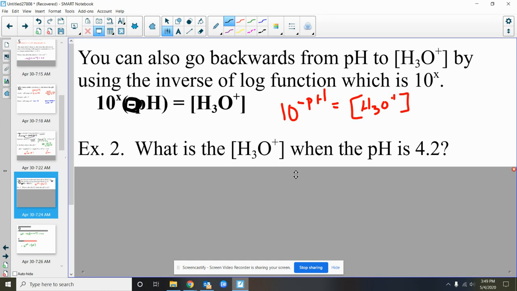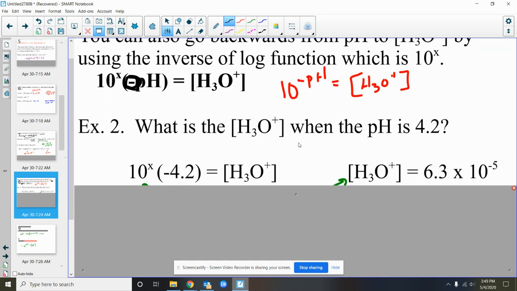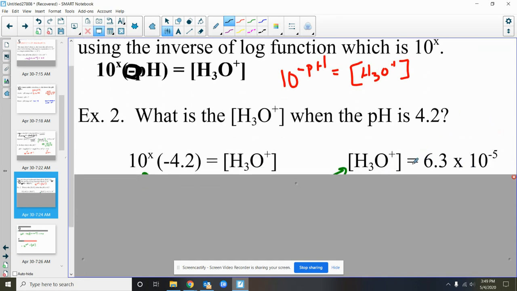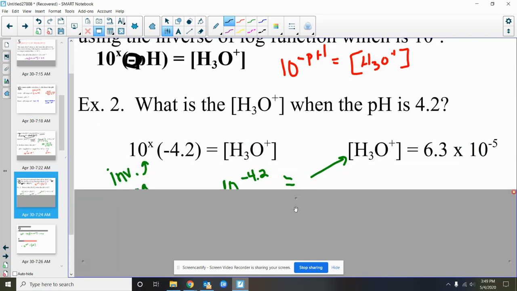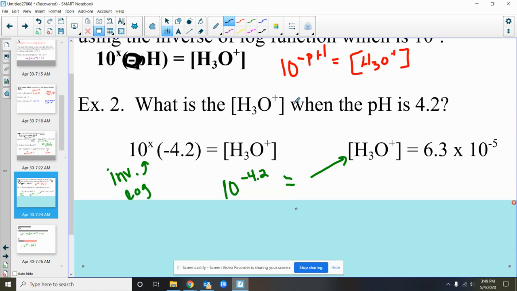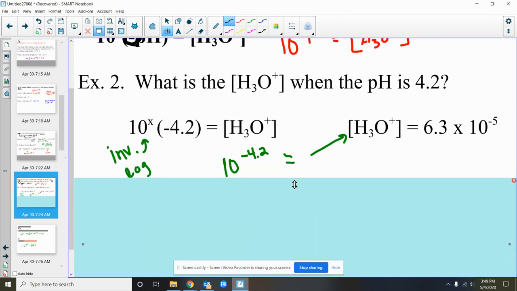It'll give you 10 raised. You need to plug in negative 4.2. And then when you press enter, it's going to give you your hydronium content, 6.3 times 10 to the negative fifth. Okay, so again, when you do this in your calculator, this is the inverse log here.